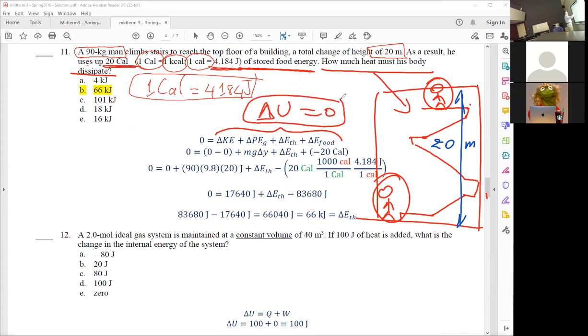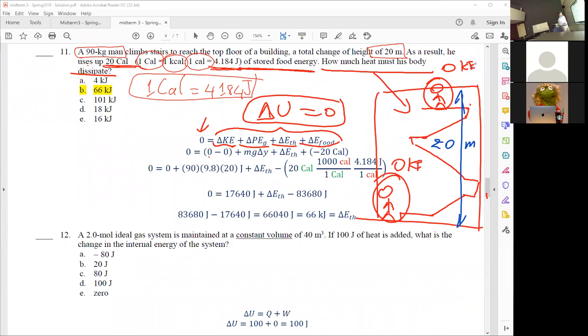This corresponds to the changes in all forms of energy: delta kinetic energy, plus delta potential, plus delta thermal energy, plus delta food energy. The change in kinetic energy will be 0 because initially he starts from 0 and ends with 0 kinetic energy. He doesn't have speed when he reaches the top.